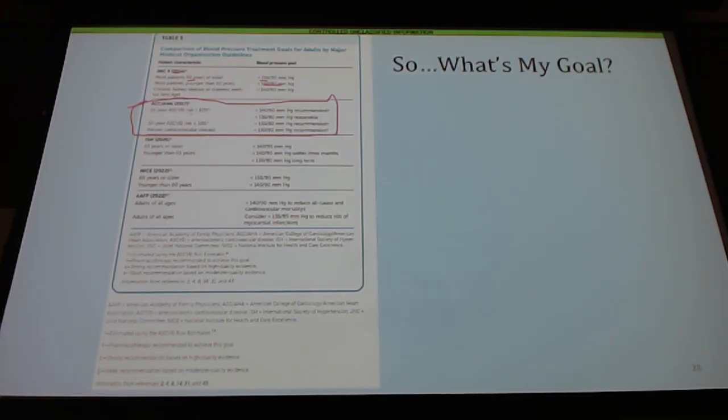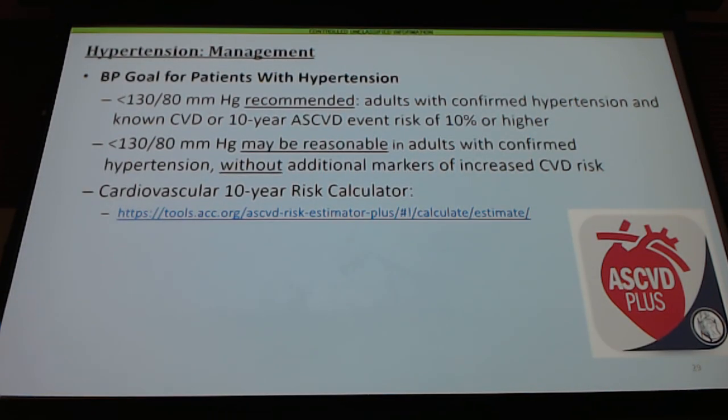But you also notice it asks, what is their 10-year ASCVD risk? That influences your recommendation. If someone has an atherosclerotic cardiovascular disease event risk of 10% or higher, then it is recommended you get them to less than 130/80.